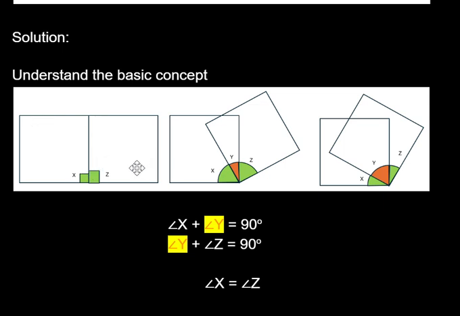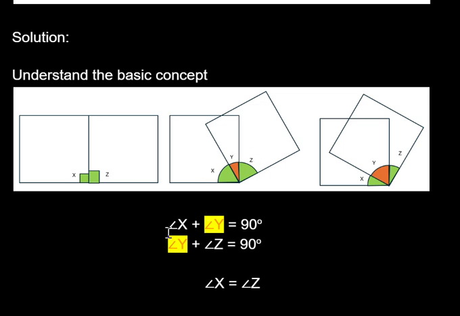If I rotate one of the squares a little bit, you will notice that angle X plus angle Y is still 90 degrees, and similarly, angle Z plus angle Y is also 90 degrees. So this angle Y is shared between these two squares.